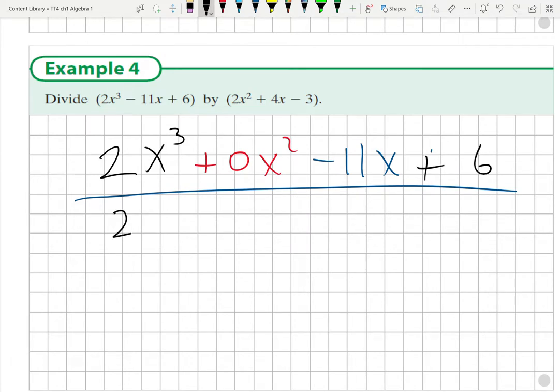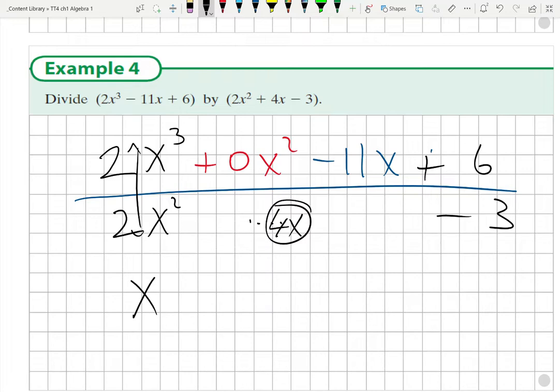Okay, and there's a 4x here, it's not that important, and minus 3. So I'm going to divide the ends, give myself x, and divide the ends, giving myself minus 2.